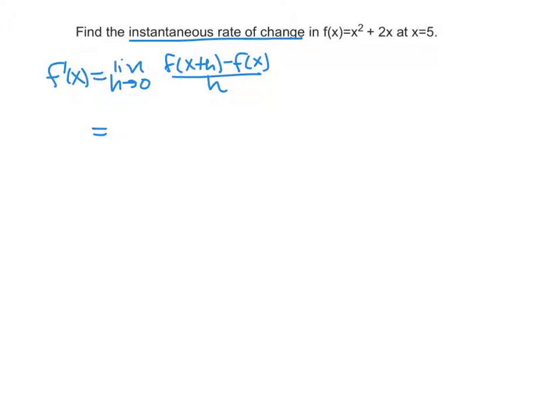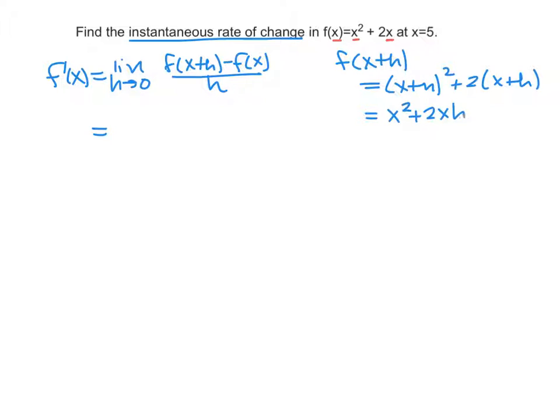First evaluate what f of x plus h is. In this case, we are going to replace all of the x values with x plus h. So we have x plus h squared plus 2 times x plus h. So we have x squared plus 2xh plus h squared plus 2x plus 2h.